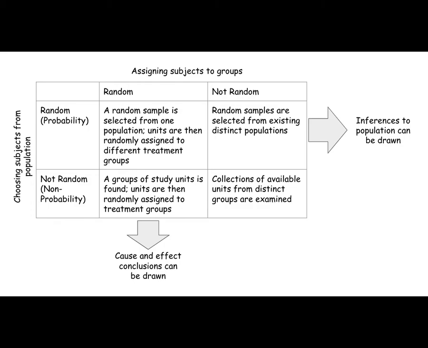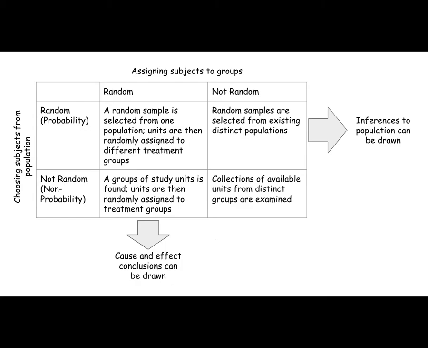The reason we use a random sampling technique is so we can make inferences about the larger population. The reason we assign subjects to groups randomly is so we can make conclusions about cause and effect.